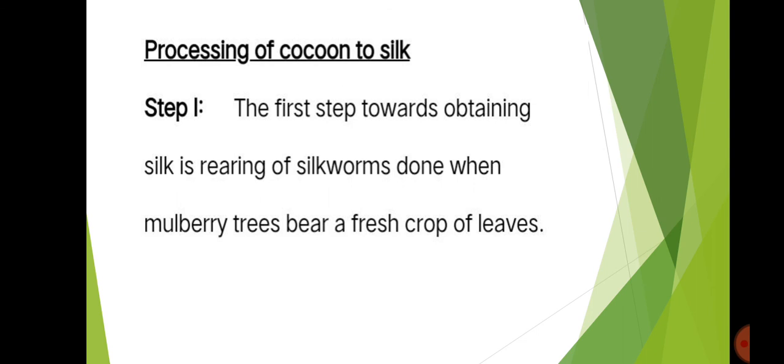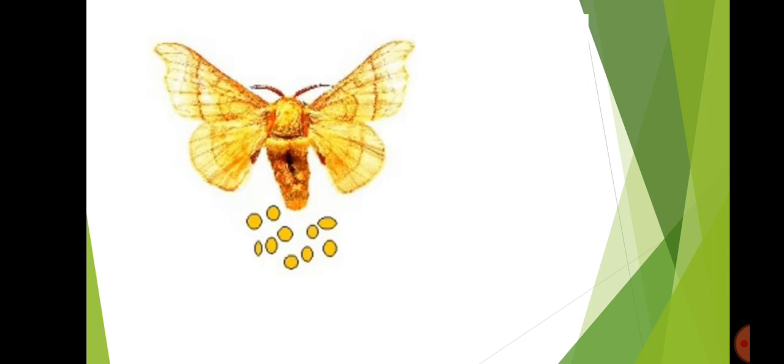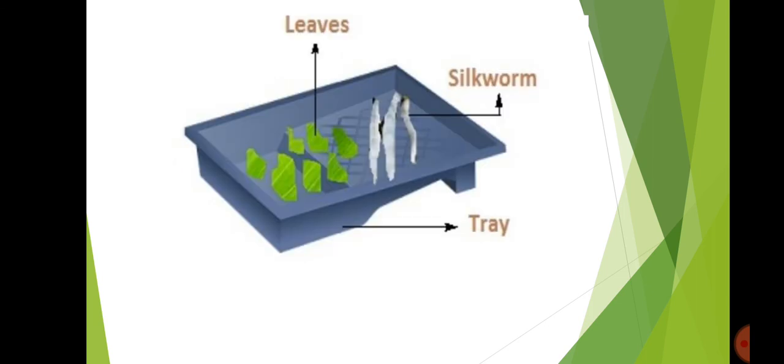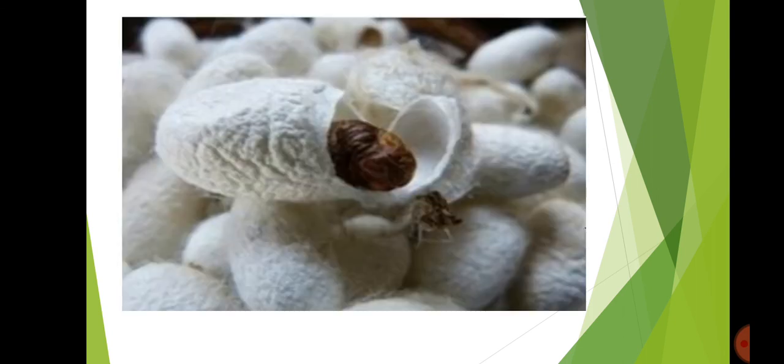The hundreds of eggs laid by the female silk moth are sorted carefully on strips of cloth or paper and are then sold to silkworm farmers, where the eggs are kept under hygienic and suitable conditions of temperature and humidity for their proper growth. Look at this picture here. Female silk moth lays eggs. Here we just provide mulberry leaves for silkworms.